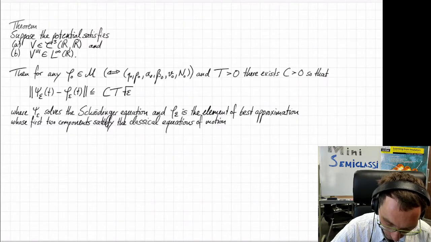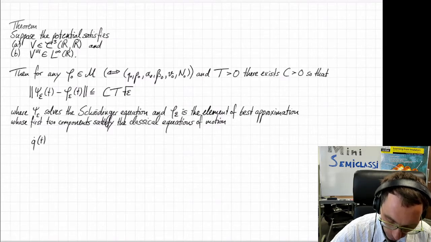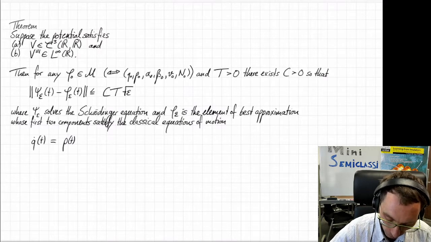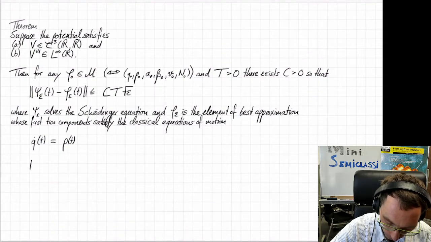So of course, implied here is that the initial position is q naught and the initial momentum is p naught. So here I've chosen the mass to be 1, so q dot is equal to p, and p dot of t is minus the gradient of V evaluated at q of t.